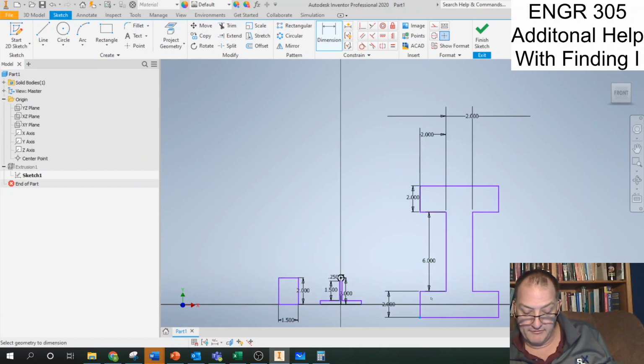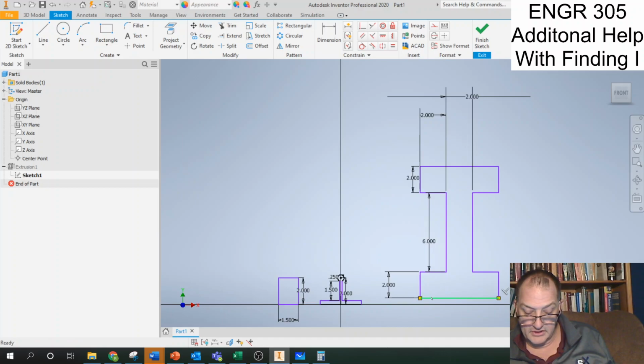It might be fully defined if I gave it dimensions from, right? I would like it fully constrained, and so I want to say that and that are horizontal.